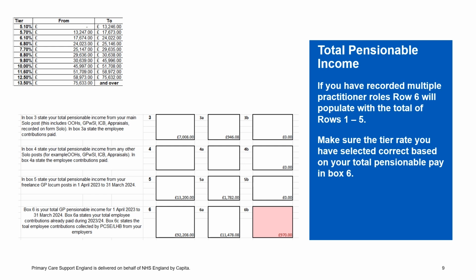We can see just over 92,000 here, 92,208 in this example, which takes our GP now into the 13.5% bracket because they're well over the 75,600. That is the threshold for 13.5 in 23-24.